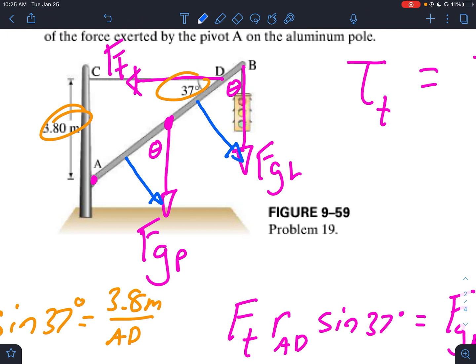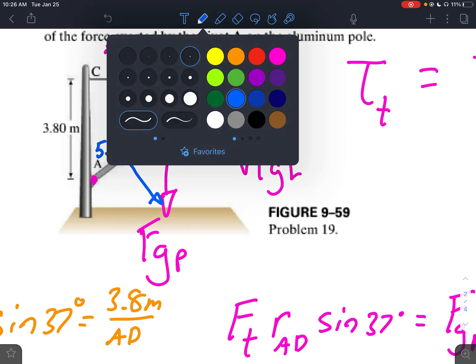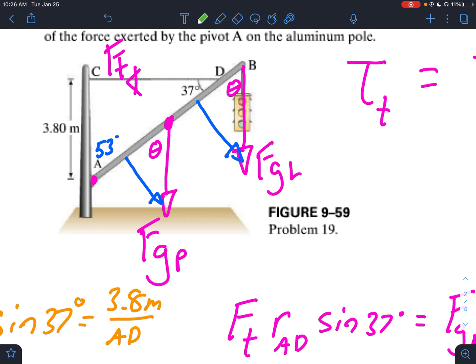So where do we find these angles? Well, we'll visit back to geometry class. For this triangle, it's a right triangle, and we have, obviously, the 90 is at the top, we have the 37, and the missing angle is 53 degrees. So we can also see, depending upon how you look at it, that these are alternate interior angles.